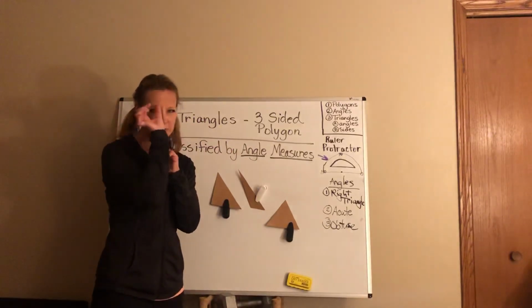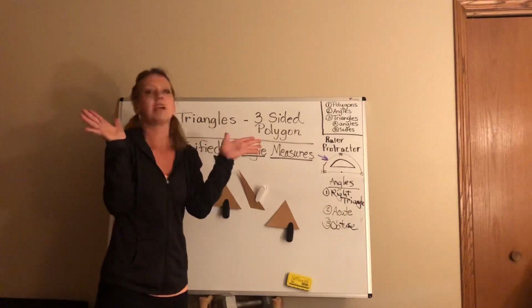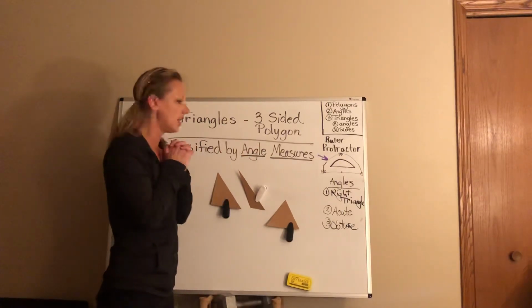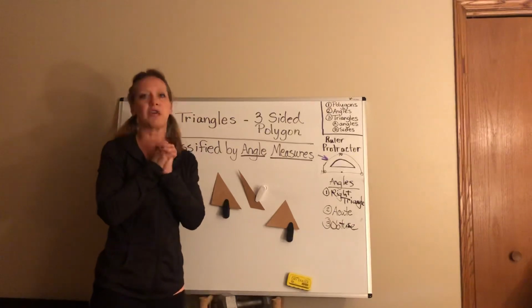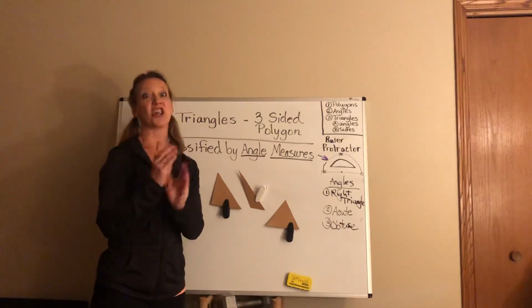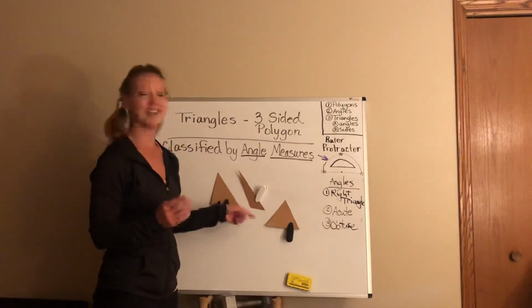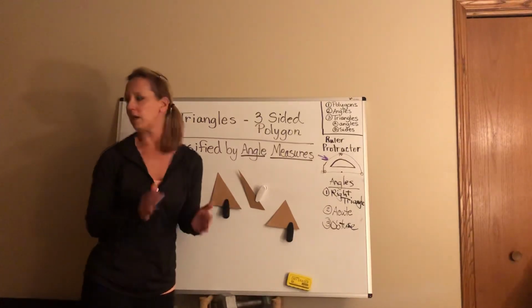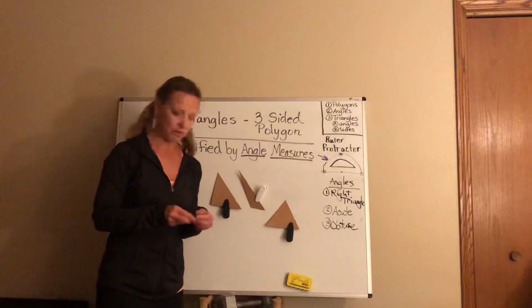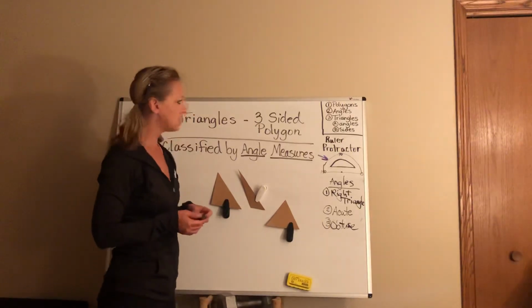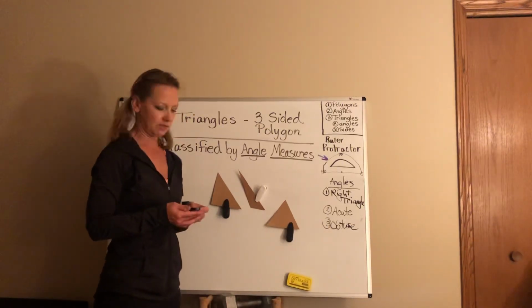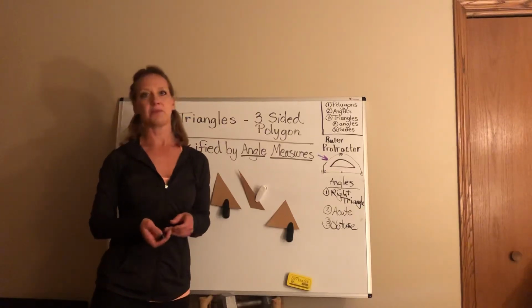They all have to be acute little angles, and all of a sudden it's an acute triangle. Or you can have an obtuse triangle, and all it needs is one large angle, just like this one, and it's obtuse. All right, so there will be a part 3 when we talk about classifying triangles by their side lengths. So stay tuned.